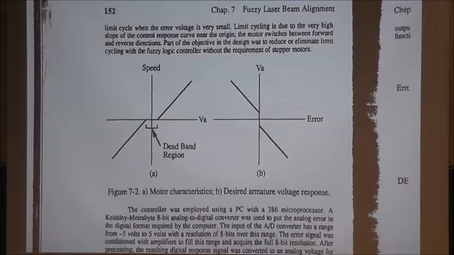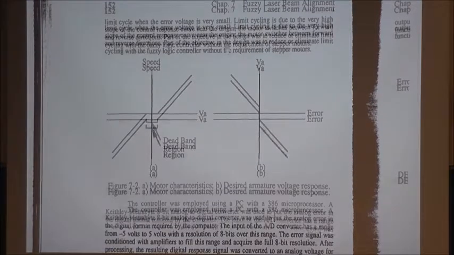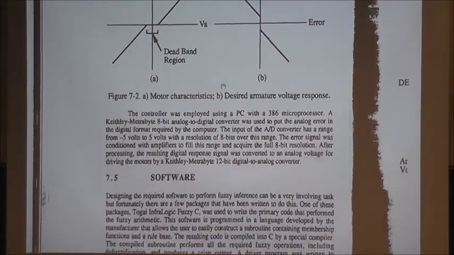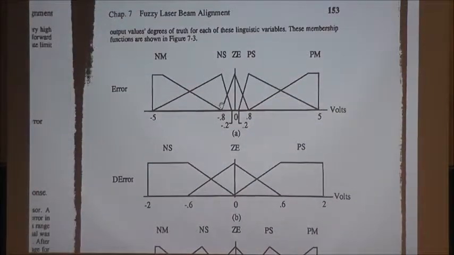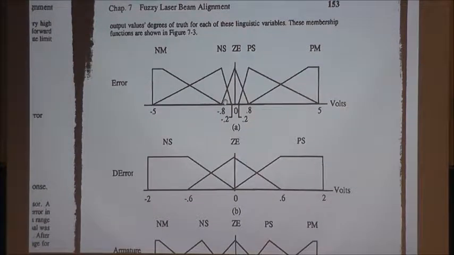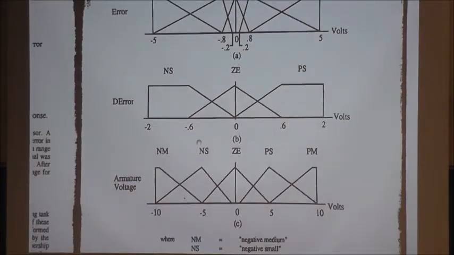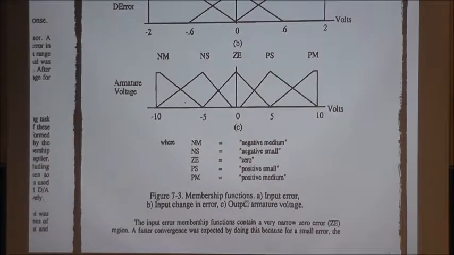It's not as simple as a DC motor. The software is an old software, of course, from the old times, and what you can see here are the membership functions of input error, input change in error, and output armature voltage.